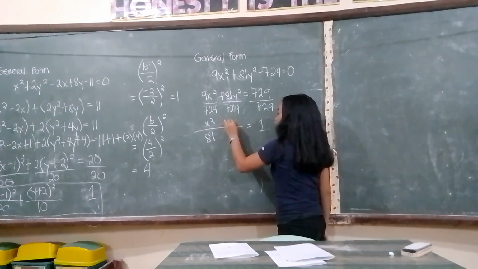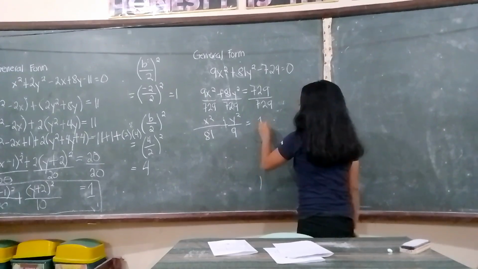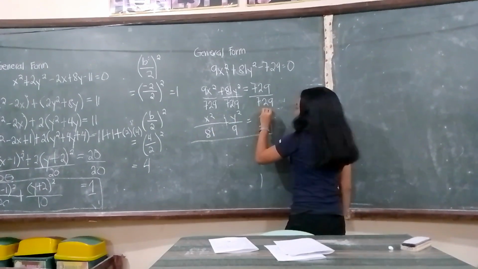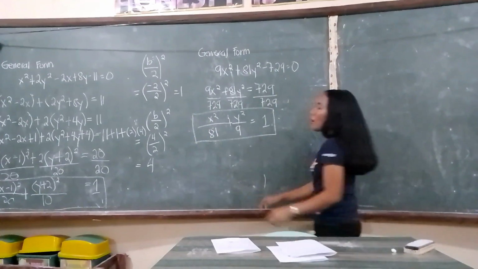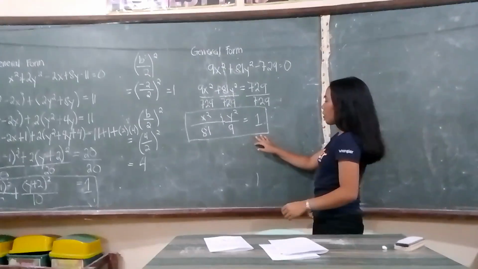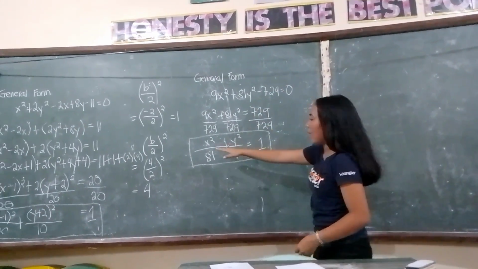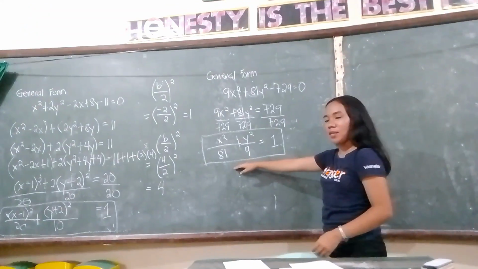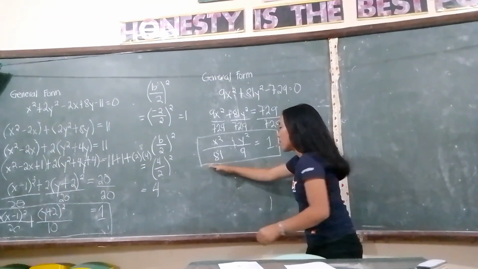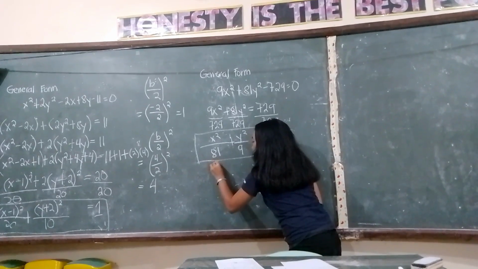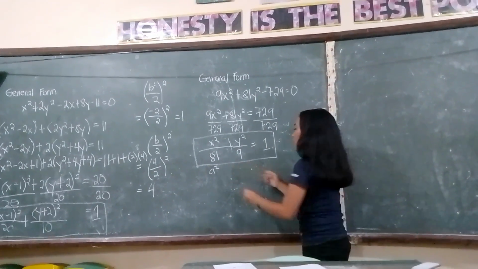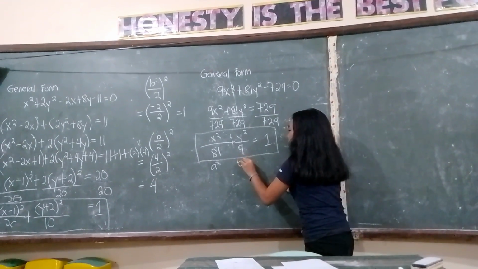So we have y squared over 9. Therefore, this is the standard form of our equation from the general form. And since x squared all over 81 has the highest denominator, it is our a squared, and y squared all over 9 is our b squared.